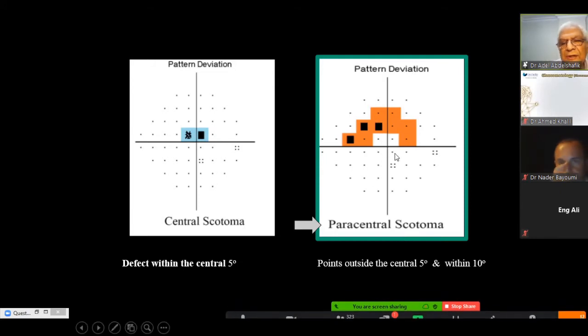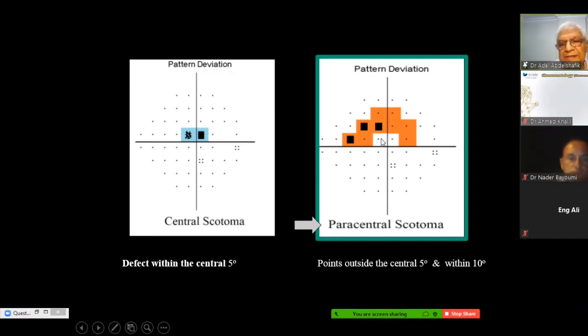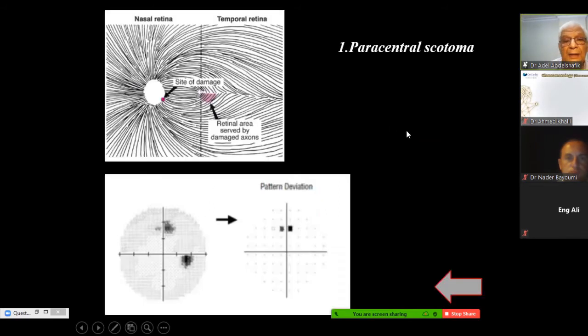The central 4 points, this is the center, and outside it I consider paracentral. In this example, this is a little bit out. It's the third one from the center, so it is somewhere around 9 degrees or so.